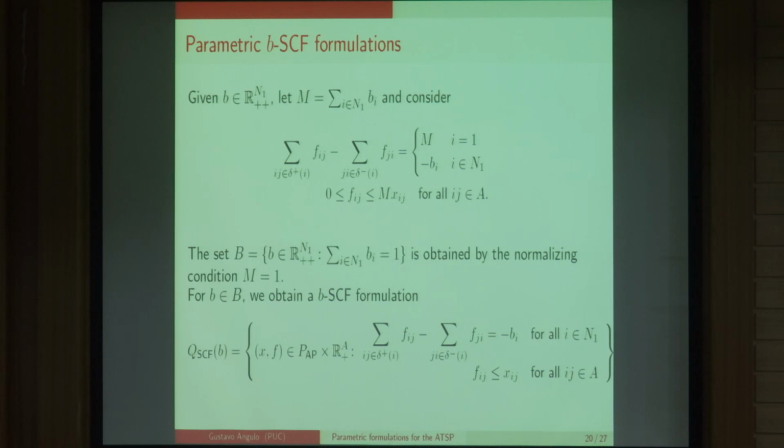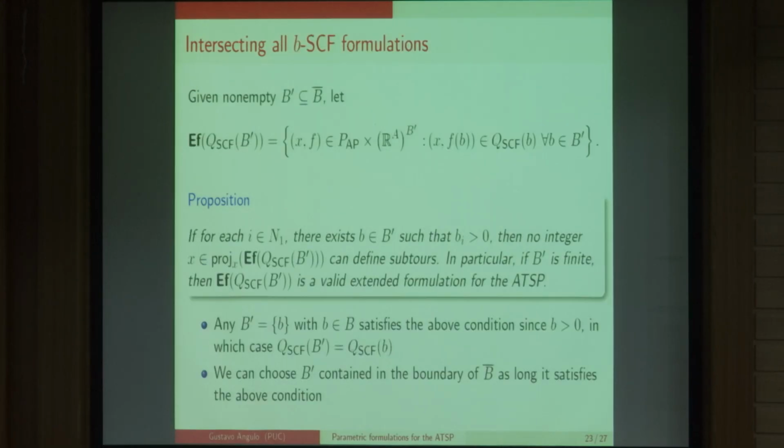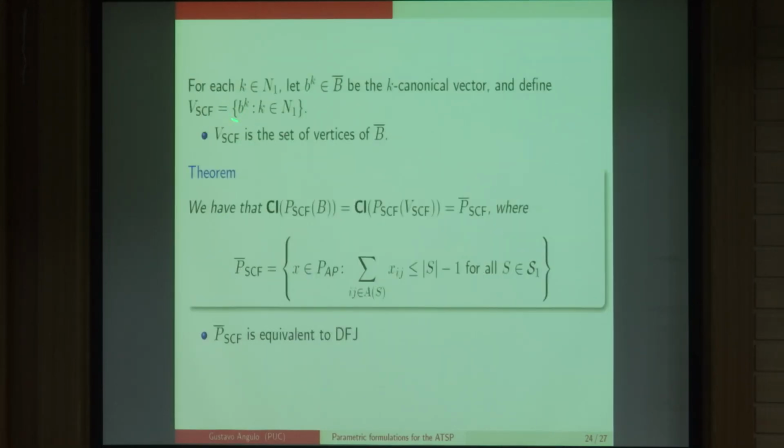We know that we have one vertex per coordinate, so we have n-1 vertices, and the set of vertices is precisely this set. And therefore, if we consider the closure over the whole thing, it's enough in this case to consider the closure intersecting the formulations given by this set of parameters, and we get this.